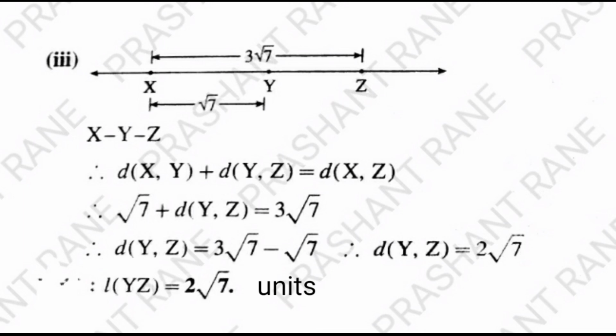So distance YZ is equal to 3 root 7 minus root 7. 3 root 7 minus root 7 means 1 root 7 subtracted, which gives me 2 root 7, and therefore length YZ is equal to 2 root 7 units.